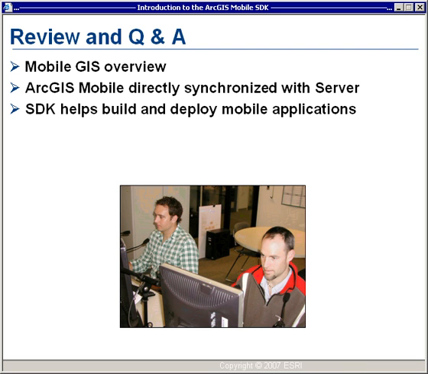We've got a second question here from Mel in Mesa, and it reads, we just implemented ArcGIS Server 9.2 Workgroup Standard. Can we build any mobile apps with this edition? Okay, so the answer to that is that the Mobile SDK is available as part of ArcGIS Server Advanced Enterprise Edition.